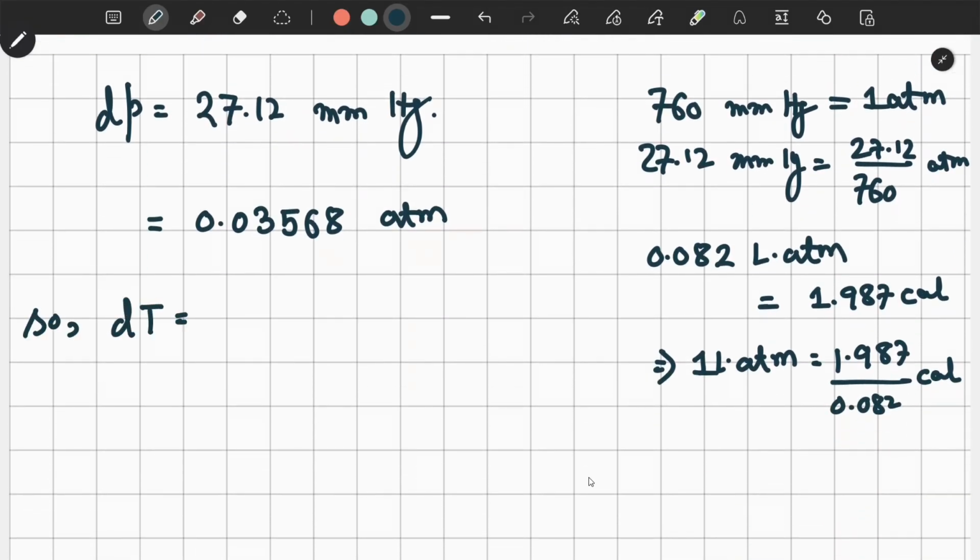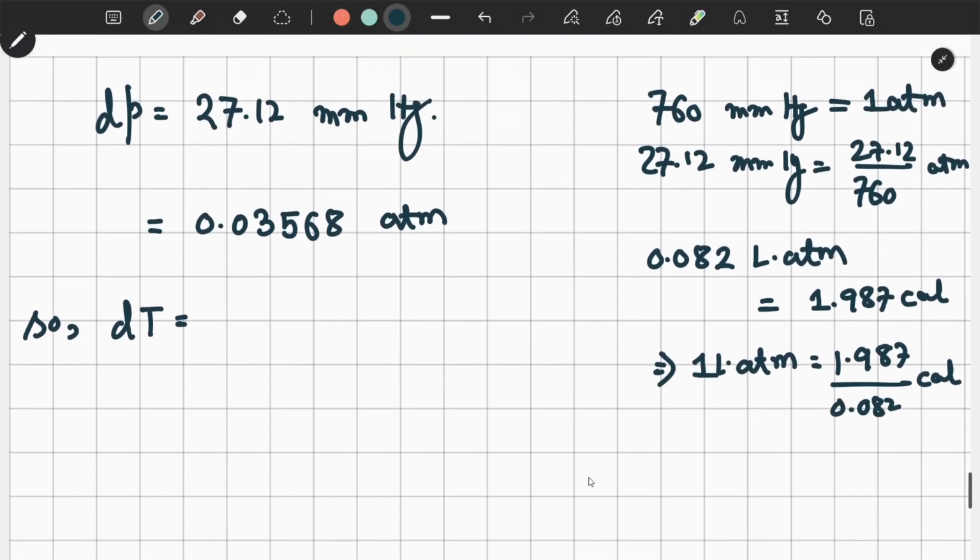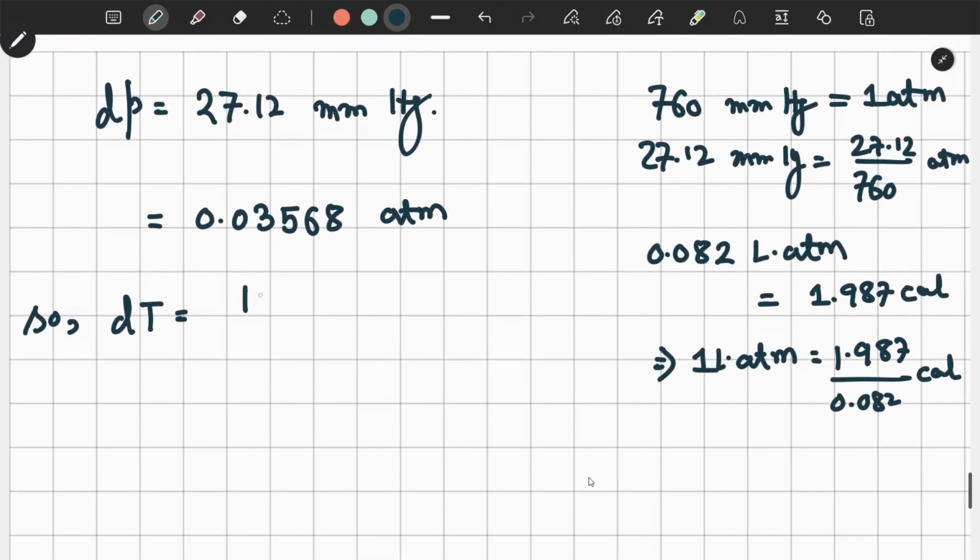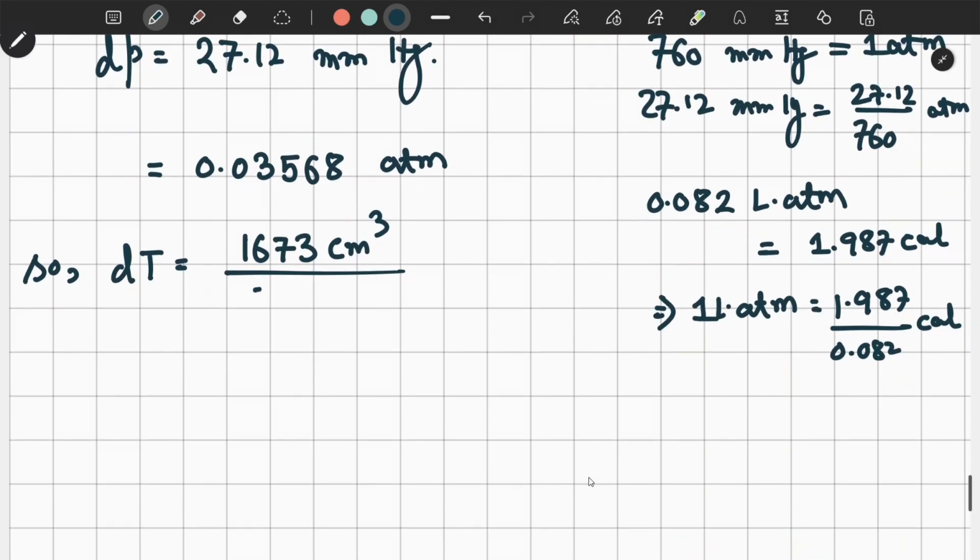So dT is, Vg is given, or just write it like this, centimeter cube. Delta H is 537 calorie per gram.